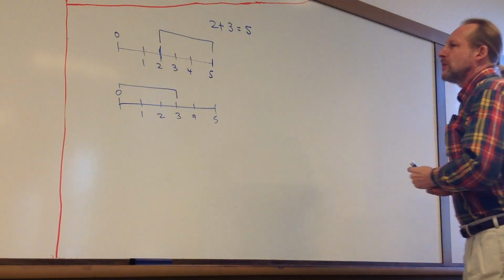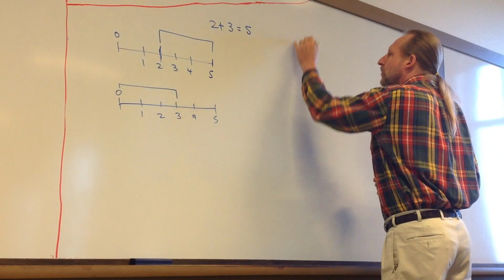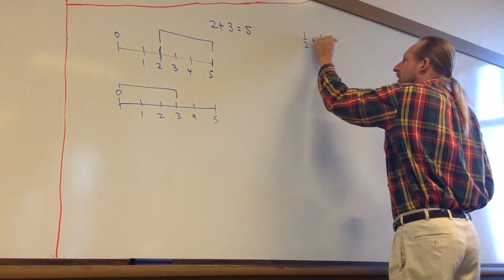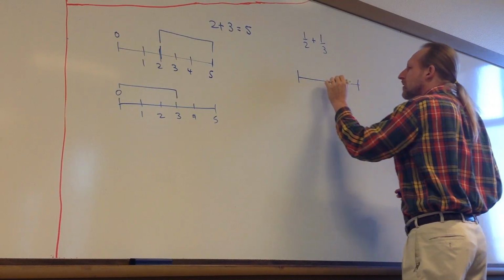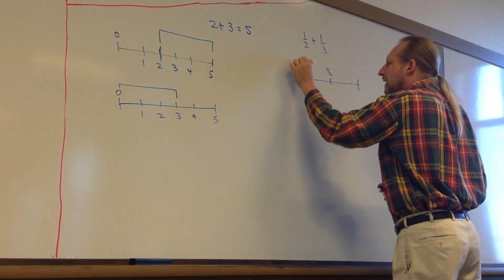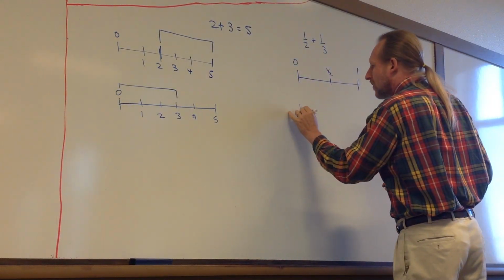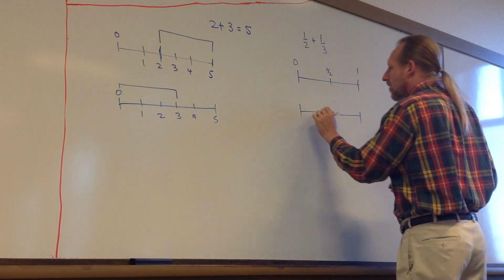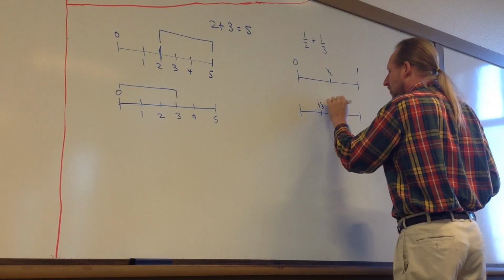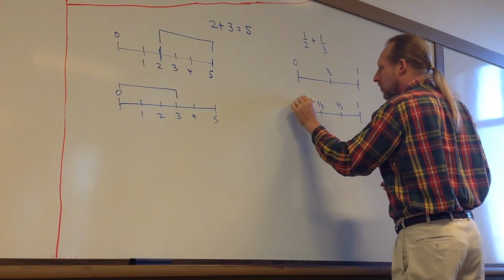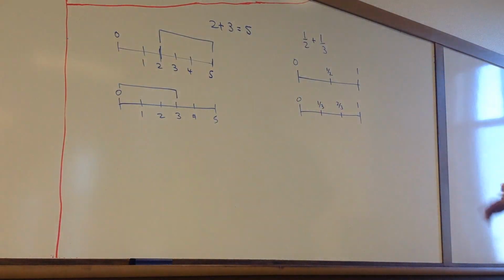Okay, now let's talk about fractions. What if we wanted to add 1/2 plus 1/3? We're doing exactly the same thing. Here's 1/2. Here's 1/3. And so we do the same thing.